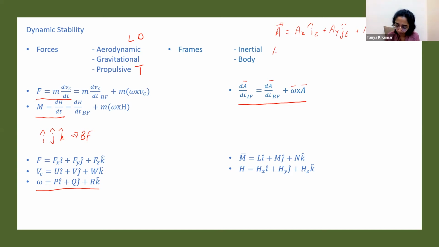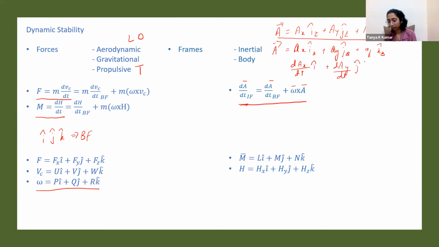In the body frame, it would be Ax iB plus Ay jB plus Az kB. Now, if you differentiate this vector in the inertial frame, you have dA by dt in the inertial frame. So those terms would be dAx by dt i cap plus dAy by dt j cap and so forth.